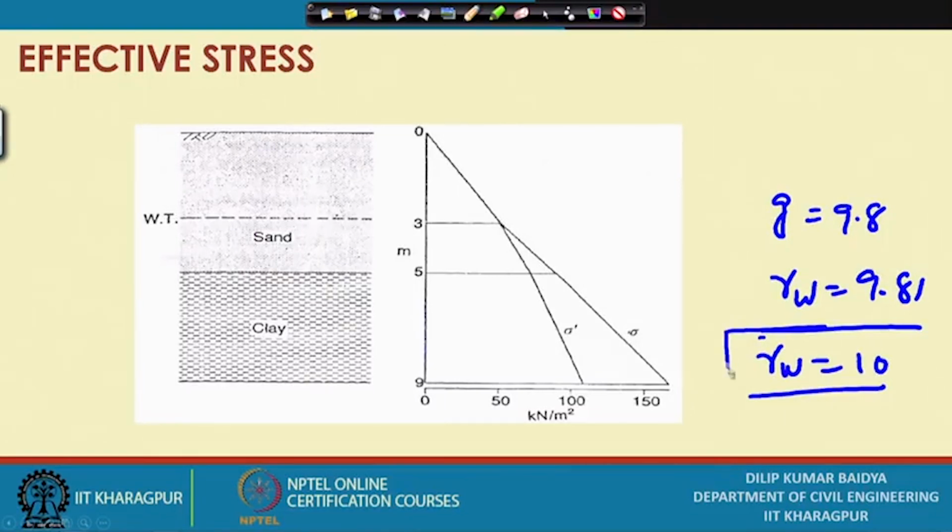But since in most competitive exams we do not know what value they expect, it is better to use the correct value of 9.81. If you use 10, you will get a slightly different value from what I got before. So, better to use 9.81 for gamma W, and I have also used it in my calculation.